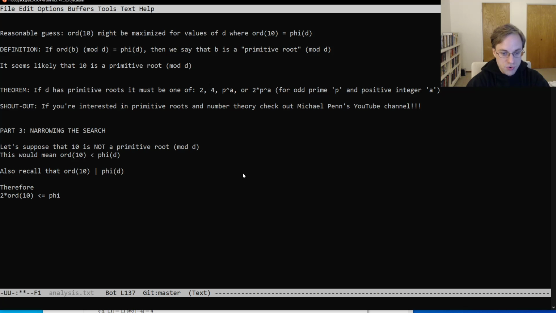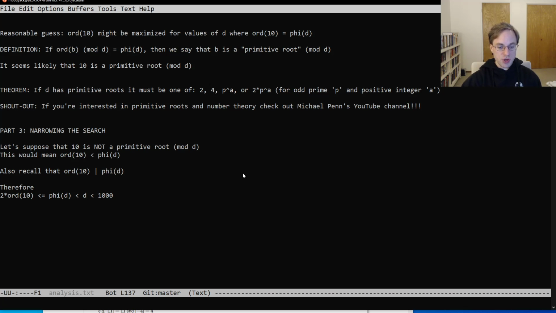than or equal to phi of D, which is less than D, which is less than 1,000. You'll just note that this follows pretty clearly from the definition of phi.